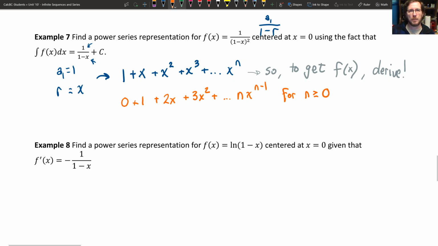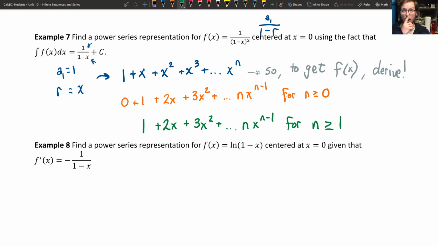So we're just going to chop that off and start with our 1, because that 0 is not going to change the sum of our series. It's going to have the same rule, but we're going to start for n values at least 1. And that'll be the power series that represents our f of x centered at x equals 0.